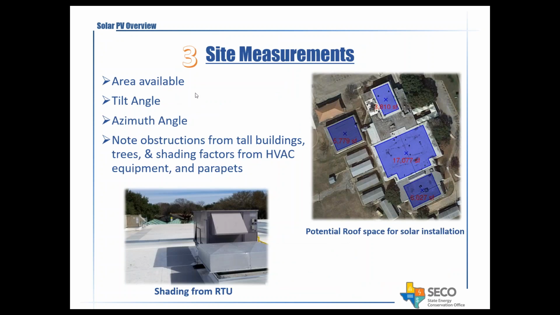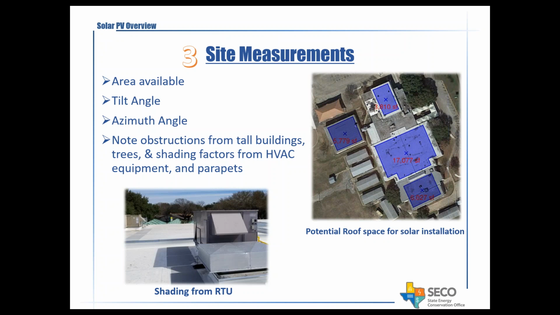So the third step, like we mentioned with the site measurements, some of the things that you'll be looking for are the available area, the tilt angle of the roof, or the potential for the racking system to adjust your tilt angle to whatever you think you would use, and the azimuth angle, which we'll get into in a later slide.